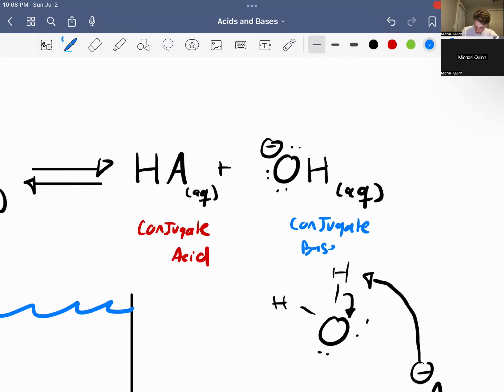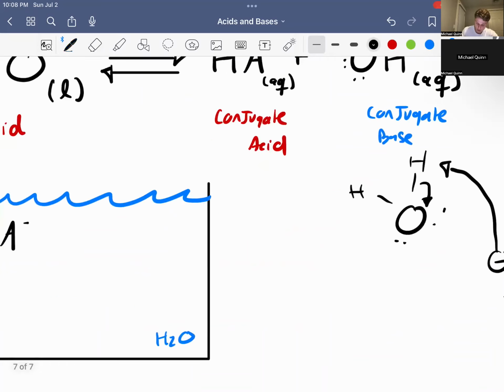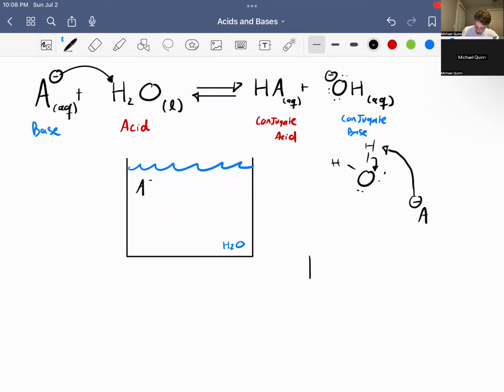So if we want to write K for this reaction, K is going to equal products over reactants. So this is going to be HA times OH minus over A minus.